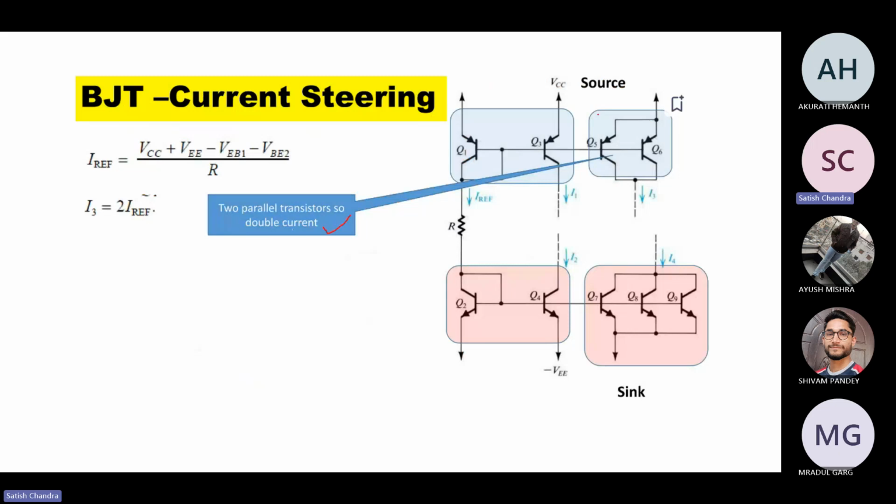Since we have already seen this is nothing but a current mirror, IRF is going like this, then this also has the same kind of resistance. So here if it is a triple, a triple of the current will be there. Same way as in the case of NMOS, which behaves like a sink, and PMOS behaves like a source, here also this PNP is behaving like a source.